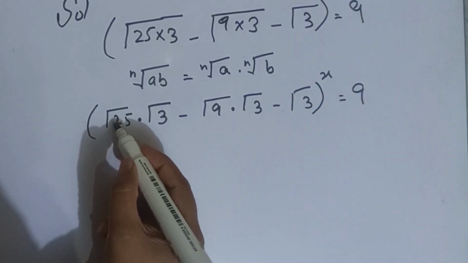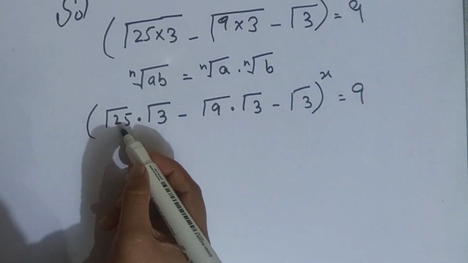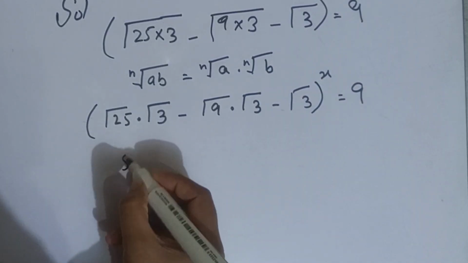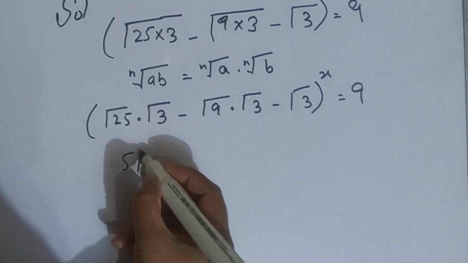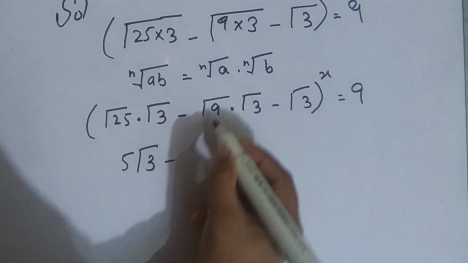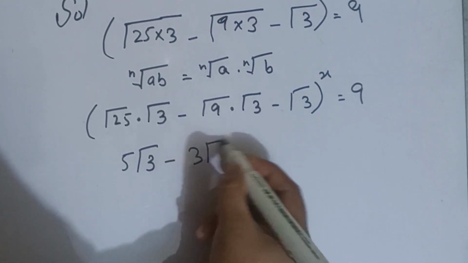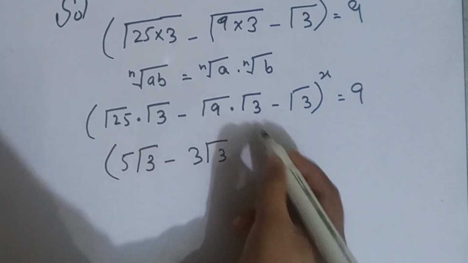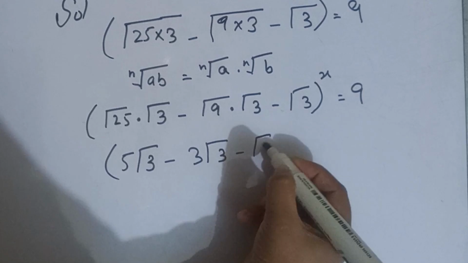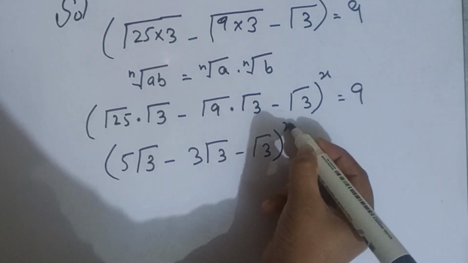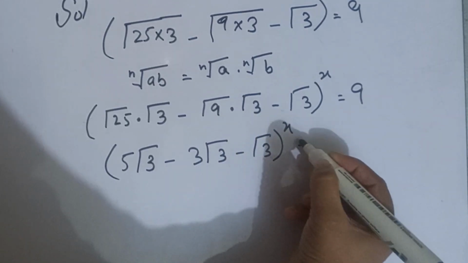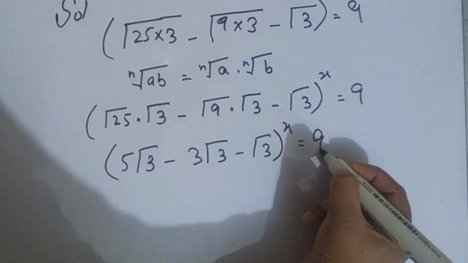Now √25 is equal to 5, so we write a 5, and this is √3, minus √9, which is equal to 3, so we write this as 3 times √3, and this is minus √3. Its power is x, and the right hand side is 9.